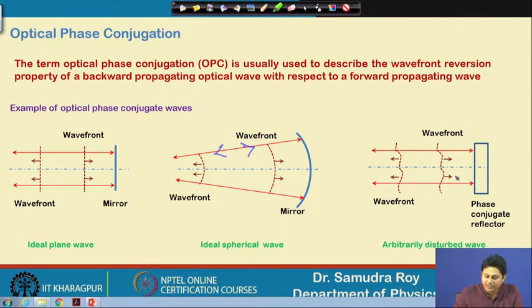We will get back the same wavefront, even though it is reflected, and the distortion is there. That means during the reflection there is a possibility that it will not move in the same direction, but here we find that it will move in the same direction as this is a phase conjugate reflector.